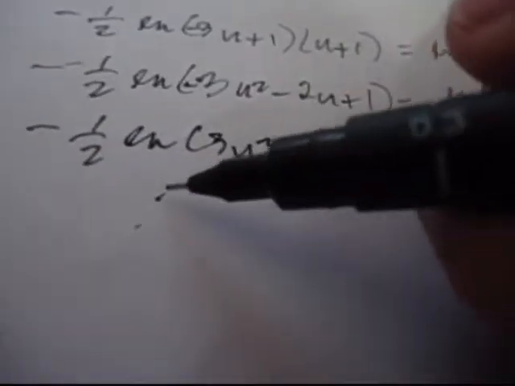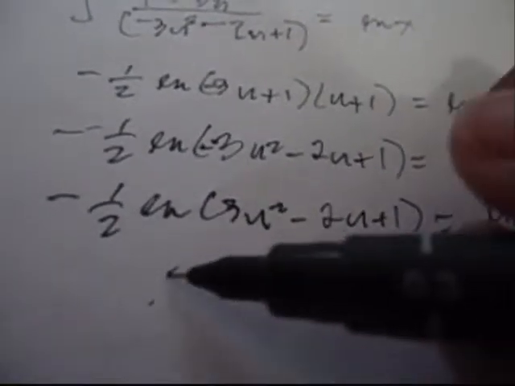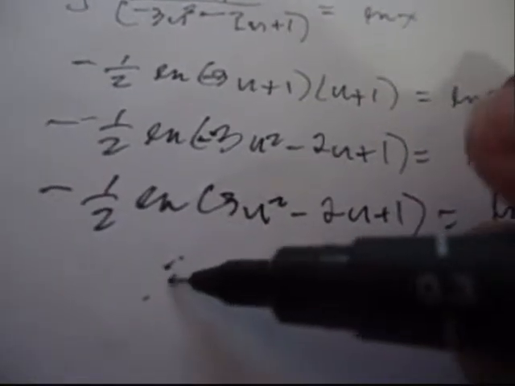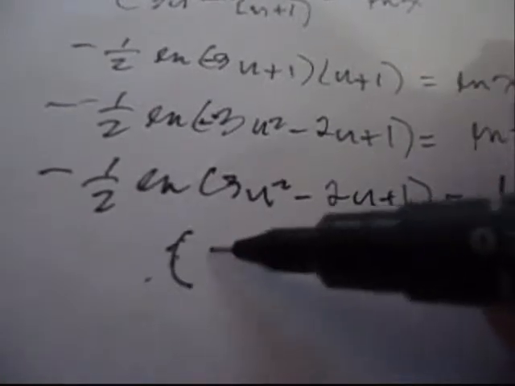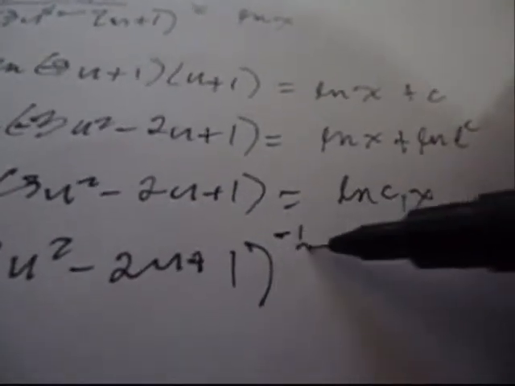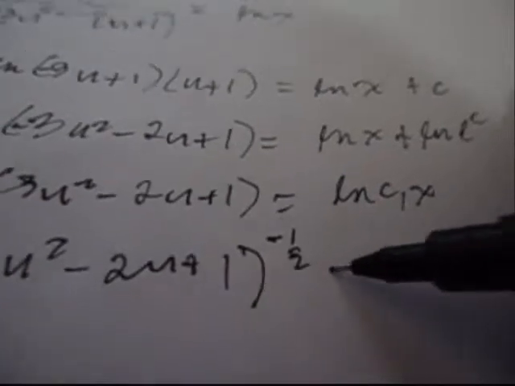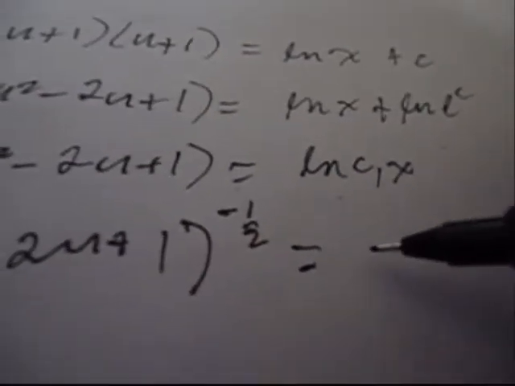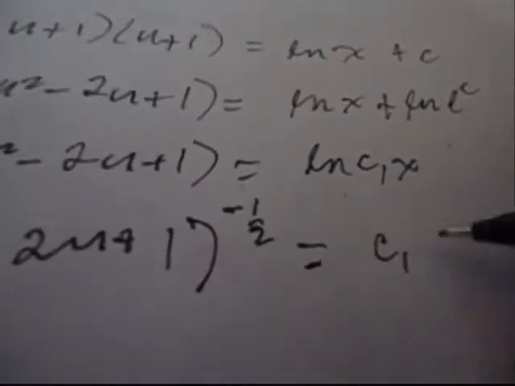Then simplifying this further, since it's negative, this will become, by the properties of natural logarithms, 3u squared minus 2u plus 1 to the power of negative 1/2, which is equal to c1x.